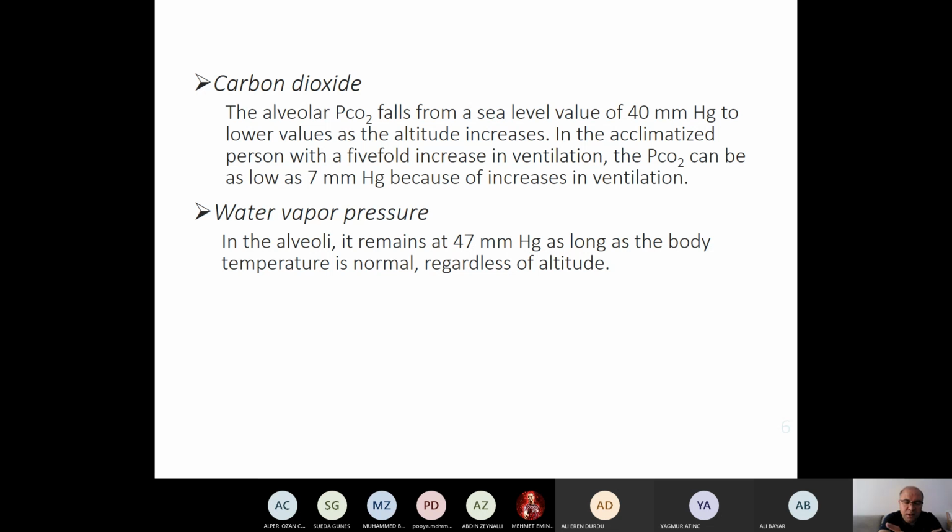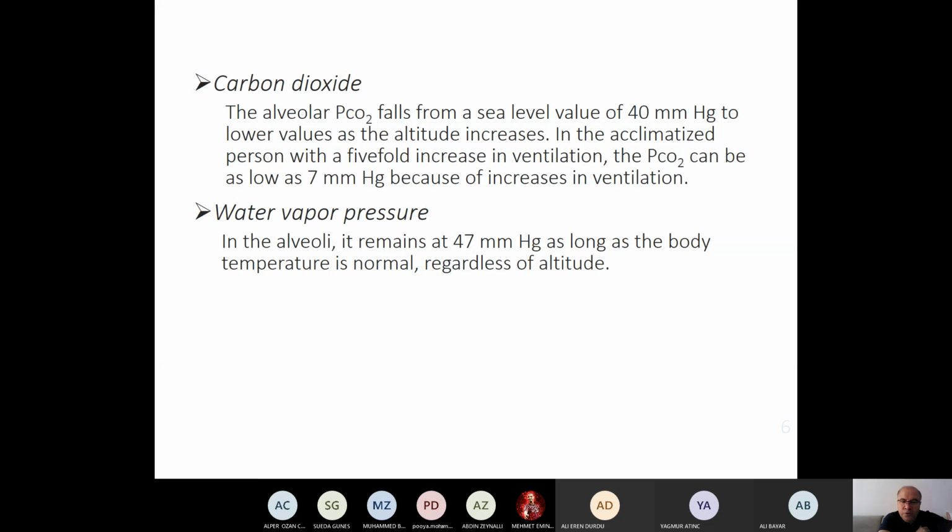With increased alkaline or decreased acidic conditions, in this case our kidneys try to save hydrogen and lose bicarbonate to compensate for hyperventilation and loss of carbon dioxide due to hyperventilation in high altitude.